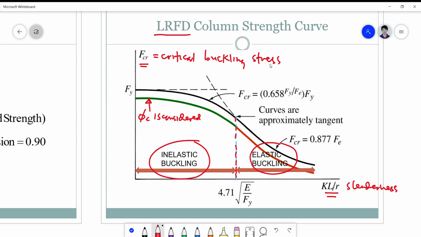Okay, for the elastoplastic material, so these are the perfectly plastic range of your Fcr, which is maximized at Fy. And this curve here happens to be your Euler curve. Okay, Euler buckling load or stress rather.